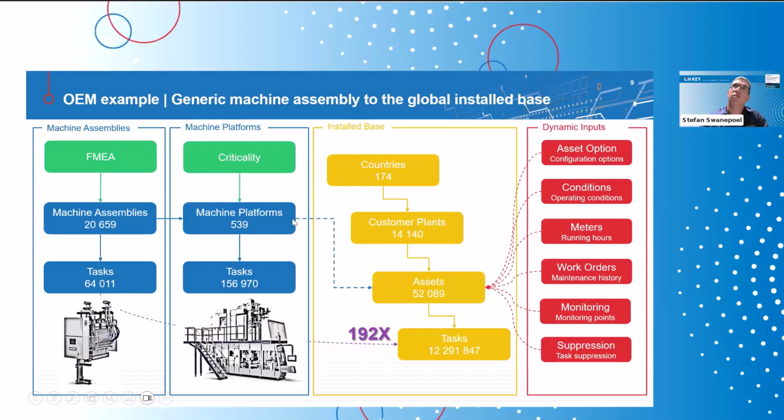And then when you actually roll it out to the actual installed assets in the field, there is a very massive multiplier, up to 12 million tasks that OnKey manages for you by really just managing this much smaller number of tasks on the generic install base side of things. So this is really a picture that summarizes this massive scalability capability that OnKey has of managing and dealing with everything that's generic on the one side, and then rolling it out to a much larger install base.